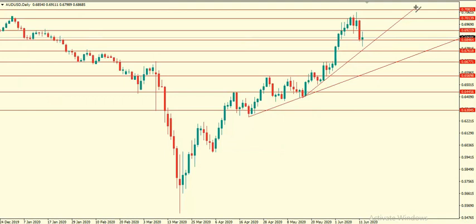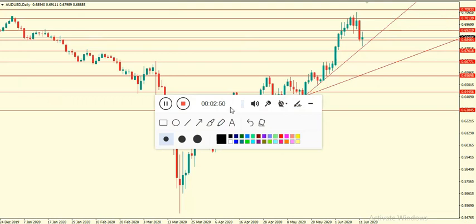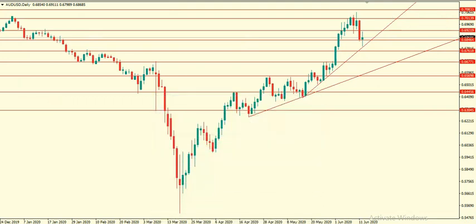So these are the lines I'll be paying attention to from the daily time frame.